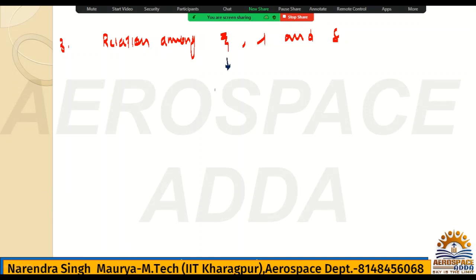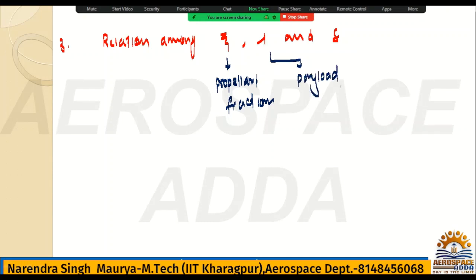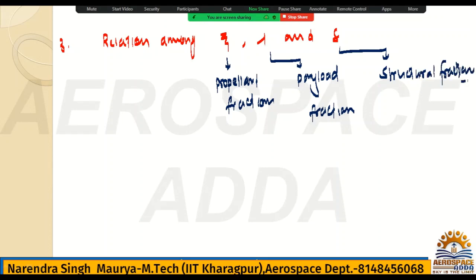Zeta is nothing but propellant fraction. Lambda is payload fraction. Delta is structural fraction. How to get this result?